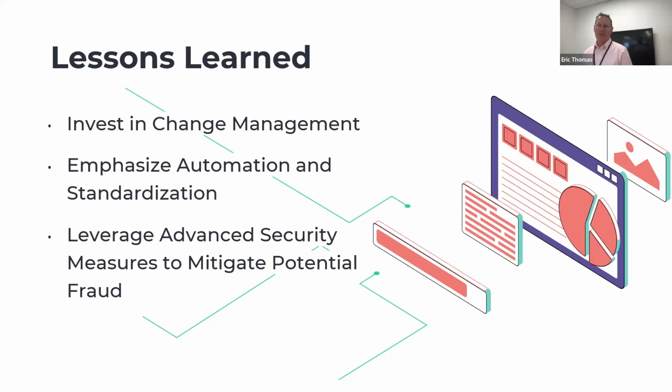Well, I think the first one is listed on the slide here, and that's change management. What we try to do is go out and ask our customers, ask the employees within the company, if we were to change, say, the supplier onboarding process, what would good look like for you. So get feedback from the customers, but then also prepare them that some of the change, some of the responsibilities are going to fall on you in addition to us.